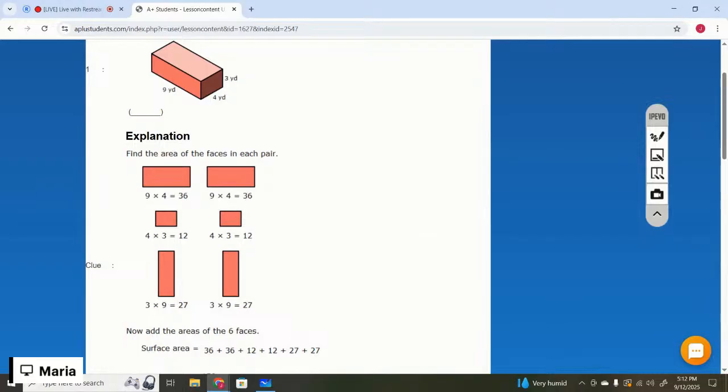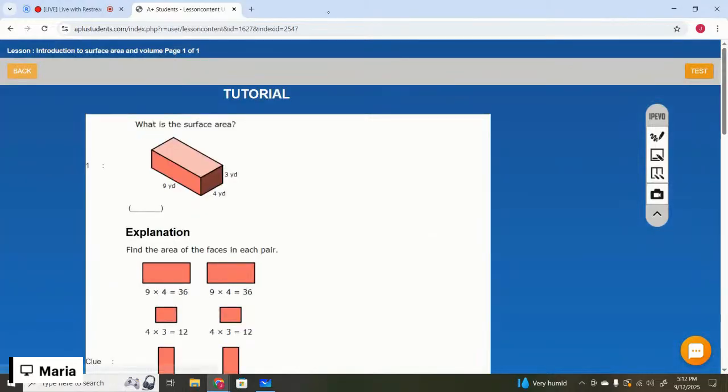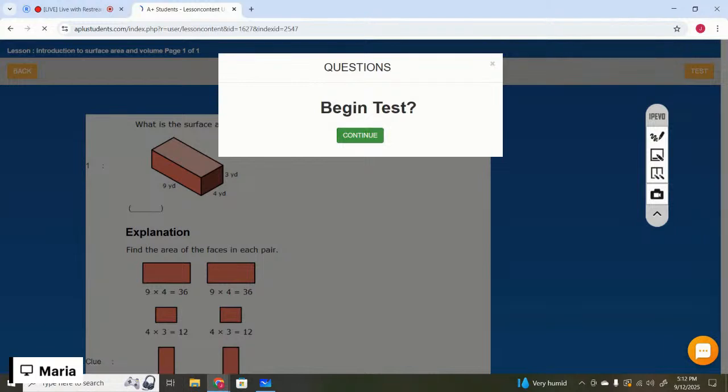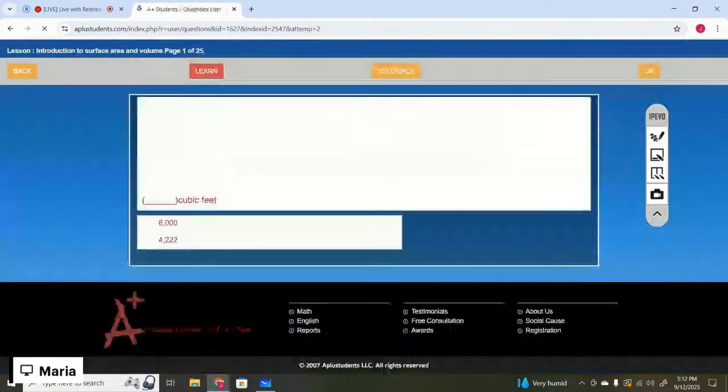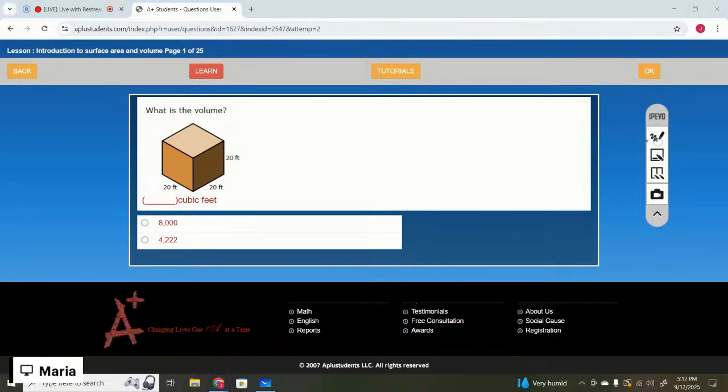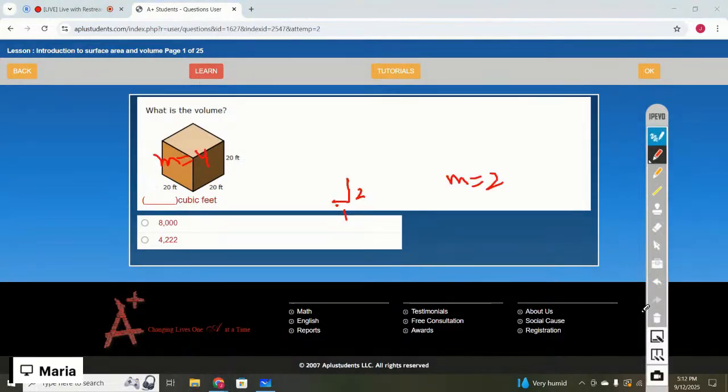Let's just start with the test questions. What is the volume? So this is the cube.